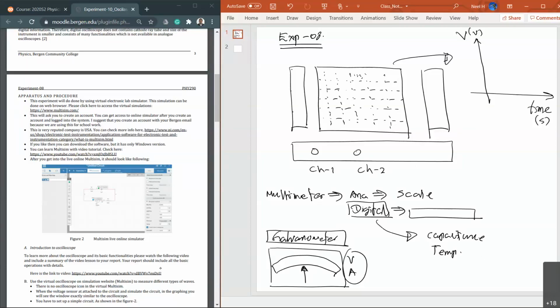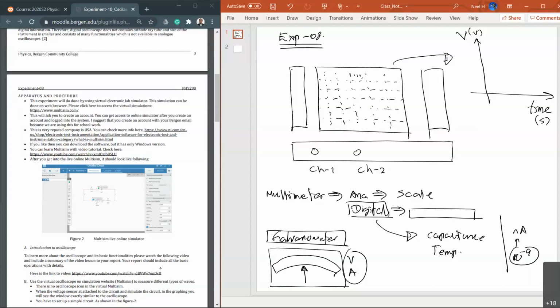Usually current can be measured all the way down to microamps without any problem, or even less than that. Some digital multimeters can measure all the way down to the nanoamps level, nanoamps meaning 10 to the negative 9, very, very accurately. Those are very expensive, but very useful in different experiments.